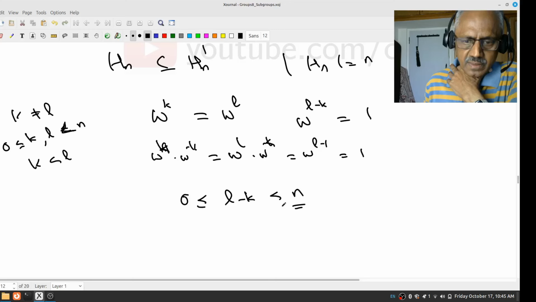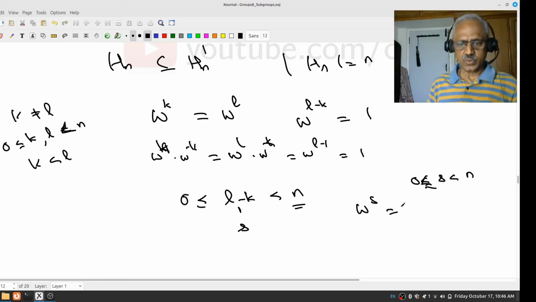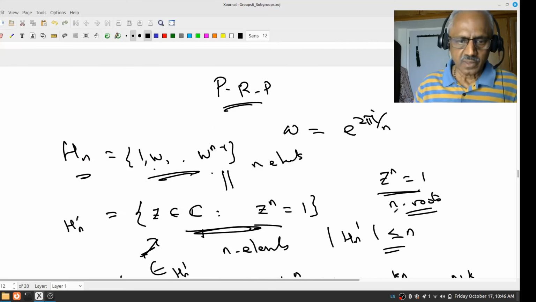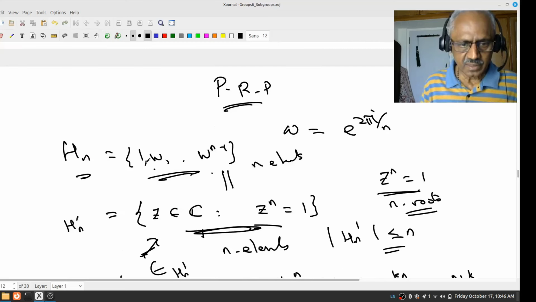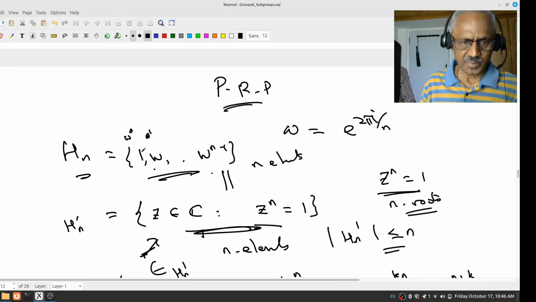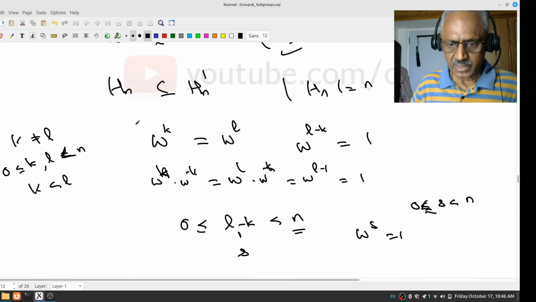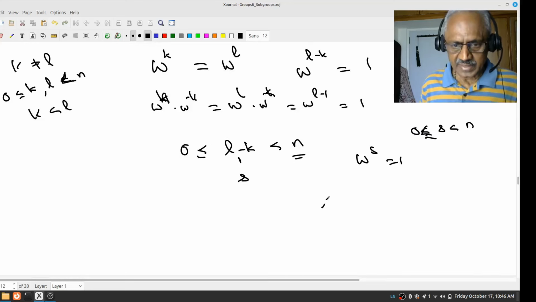But among the elements omega power s, 0 less than or equal to s less than n, omega power s equals 1 only when s equals 0. The only element equal to 1 is when the power of omega is 0. That means l minus k must be 0. That means l equal to k.